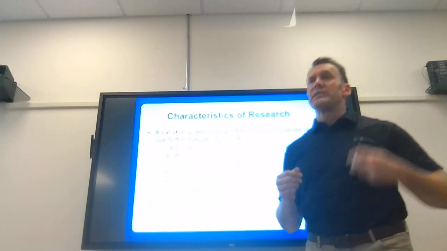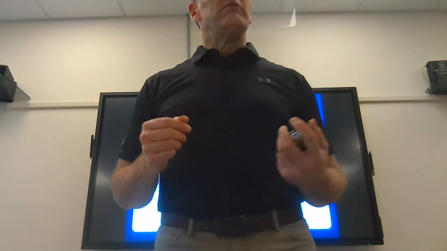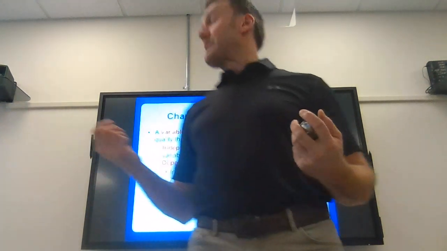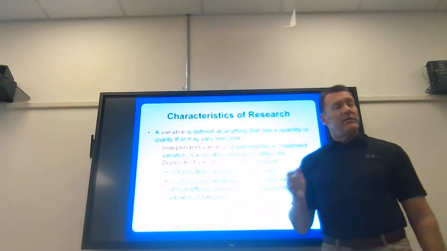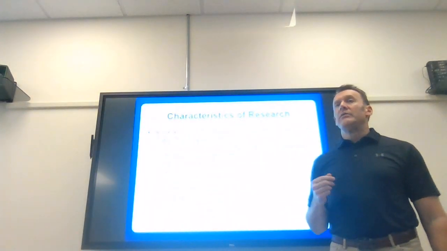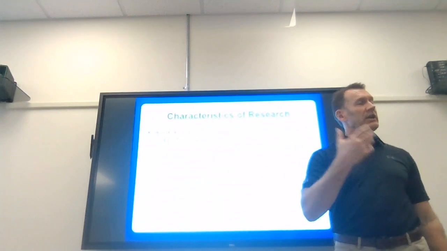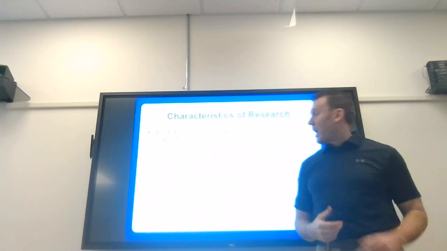Then we compare 60% heart rate max versus 80% heart rate max on our outcome. The outcome is the change in VO2. How much change did you get in your ability to consume oxygen?